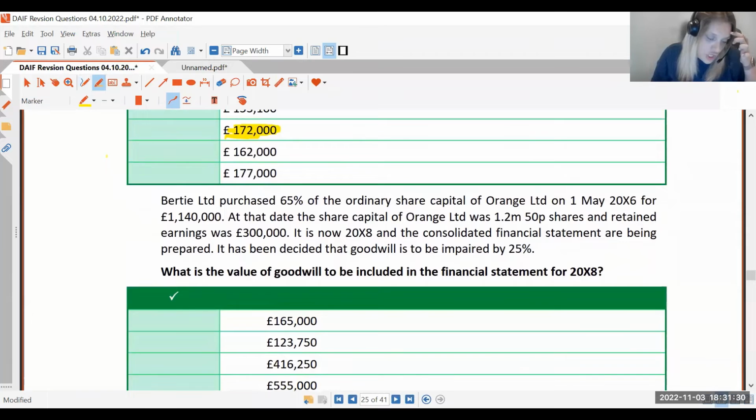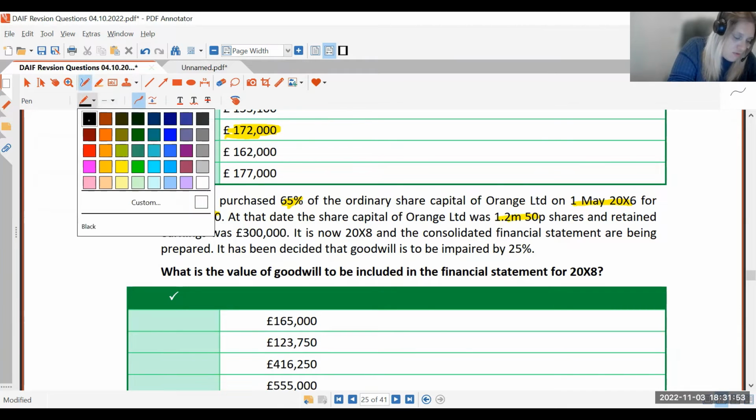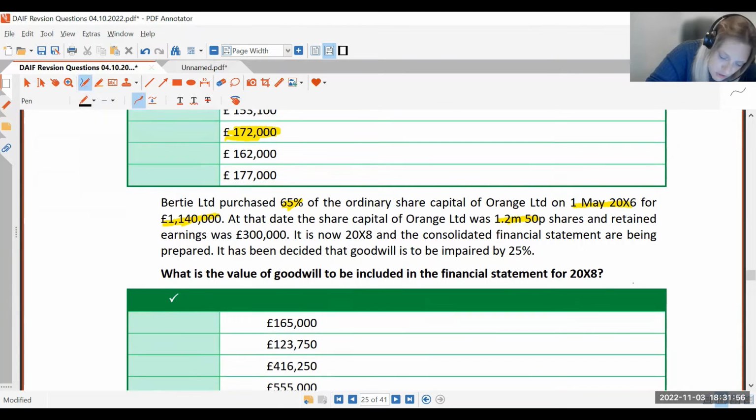And the next one. So Bertie Limited purchased 65% of the ordinary share capital of Orange Limited on the 1st of May 2006 for £1,140,000. At that date, the share capital of Orange was 1.2 million 50p shares. So we know that is going to give us £600,000. Can't really see that.